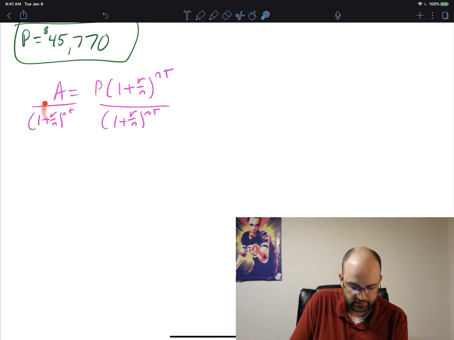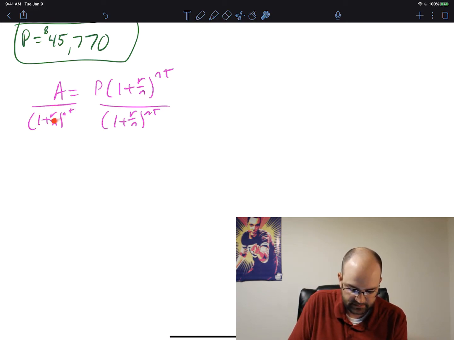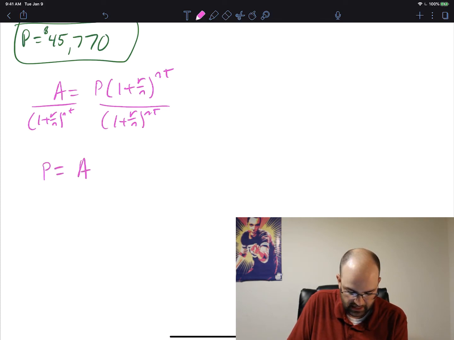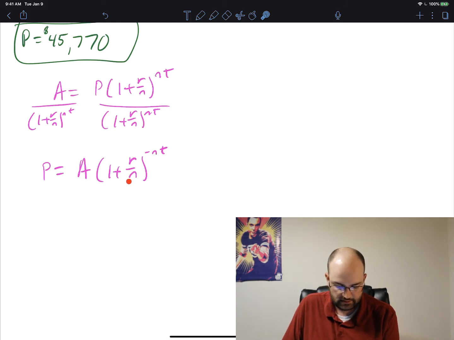And actually what you see here is in fact a formula itself, but I can take all of this and move it to the numerator in front, making P equal to A times (1 plus r over n) to the negative nt. So I can move something from the denominator to the numerator by introducing a negative as an exponent. And this is what you would get for the actual formula.